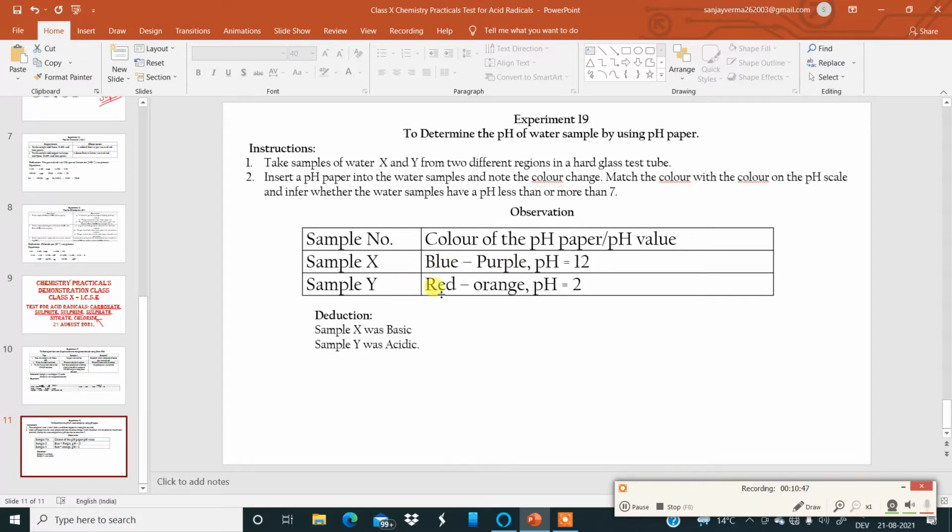If it is red color, then the pH is 2, that means the sample is maybe acidic in nature. So this is experiment number 19. Okay, I am not doing the unknown samples.